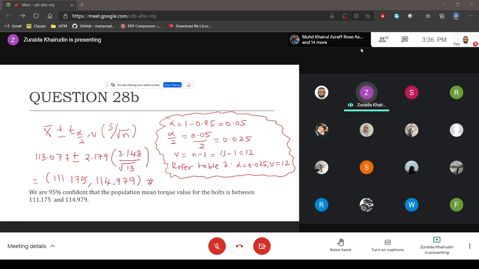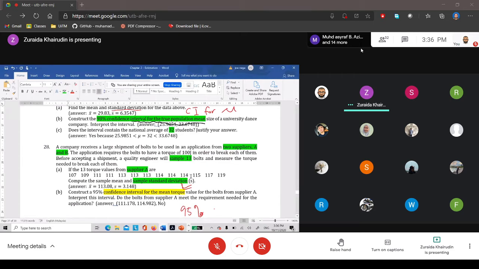For question number 28B, just now I said we have 2 suppliers, A and B, and 13 samples. We have done 28A. For 28B, construct a 95% confidence interval for the mean from supplier A, so only from one population.